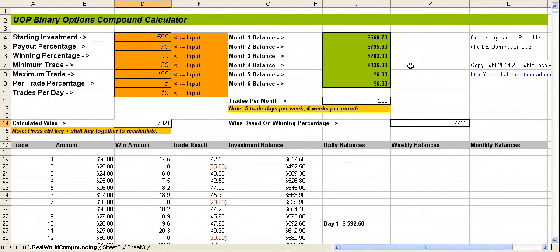So this is actually painting a pretty picture, at least in the beginning, and then of course it breaks down and you lose.